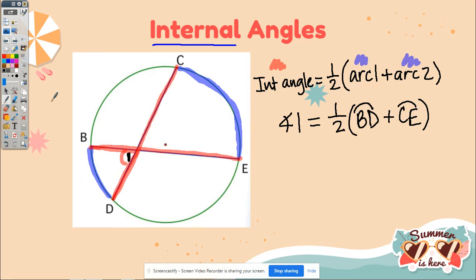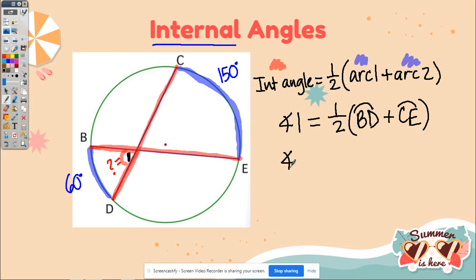Just to give you an example, let's say this arc is something like 60. And let's say this arc is something bigger, like 150. And you wanted to solve for the red angle that's internal.